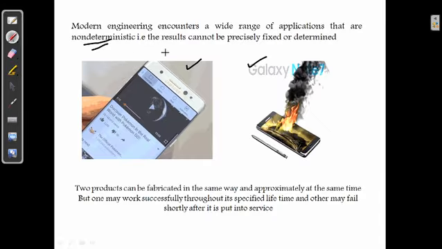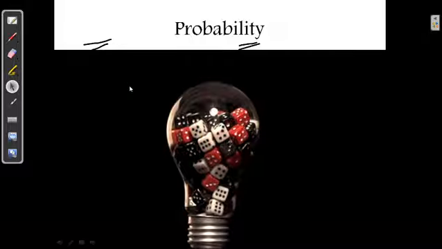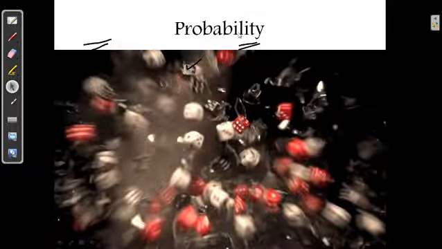In this case, you need some tool to find out the precise or fixed output which we need to calculate. So we'll be making use of some mathematical tool to find out the probability of that particular output. The basic thing in engineering is we'll be making use of probability to solve these kinds of problems.